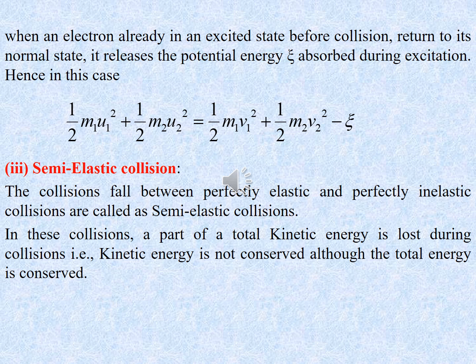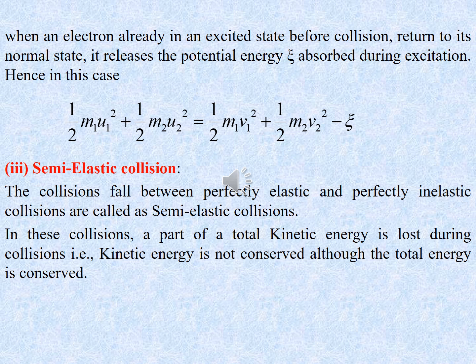Next one is semi-elastic collision. The collisions that fall between perfectly elastic and perfectly inelastic collisions are called semi-elastic collisions. In these collisions, a part of the total kinetic energy is lost during the collision.